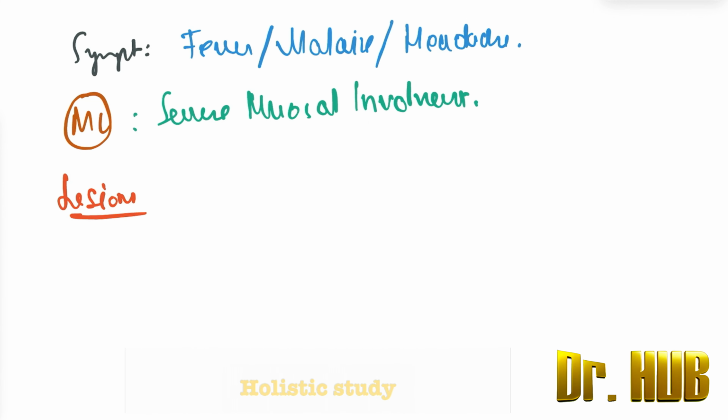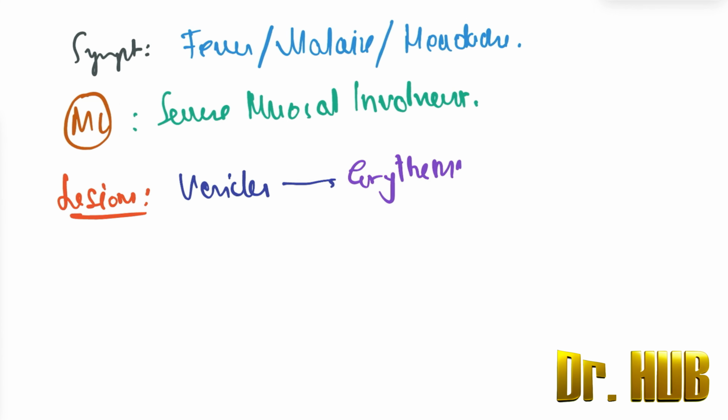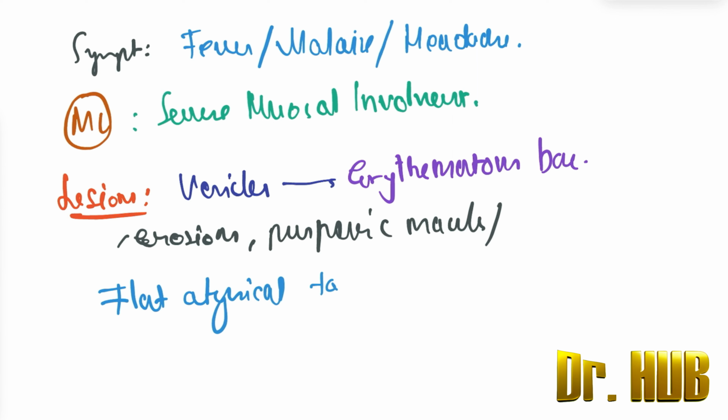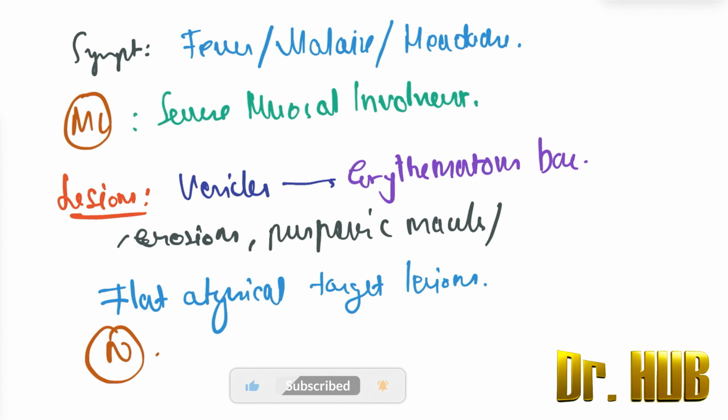They include vesicles on an erythematous base, and erosions. Then there are purpuric macules and flat atypical target lesions. The Nikolsky sign is positive.